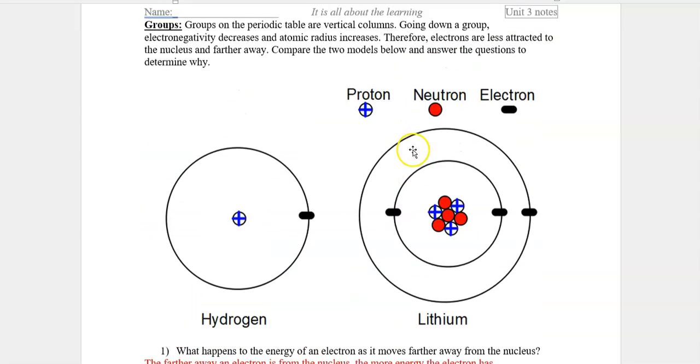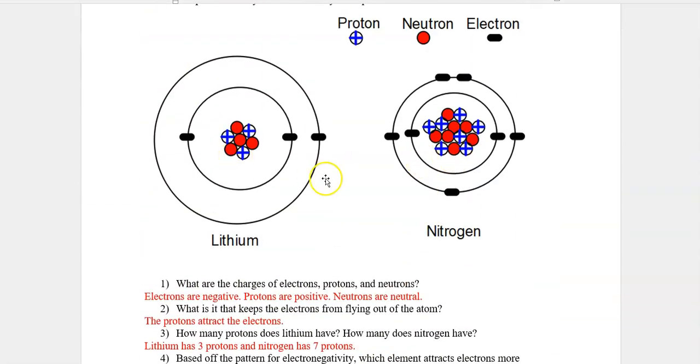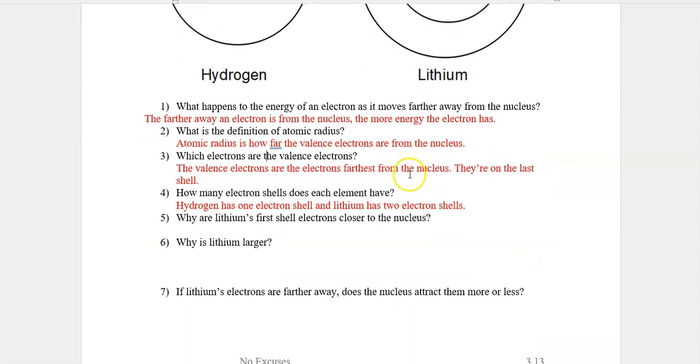Well, I guess it'd be for the same reason that nitrogen is smaller than lithium. Maybe it's the number of protons. So lithium's first shell is pulled in because lithium has more protons to attract electrons. So then why is lithium larger?